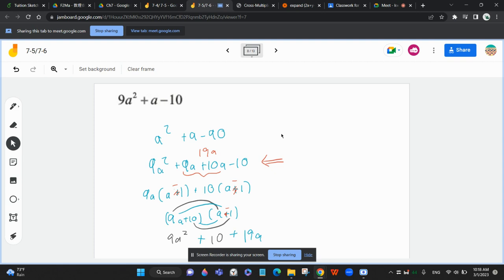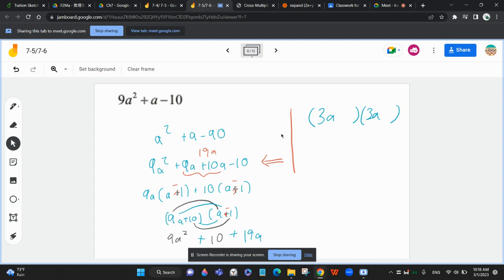Yeah, and the other method is 3a and then 3a. So the first one is the 9a square can be factored out as 3a and 3a.